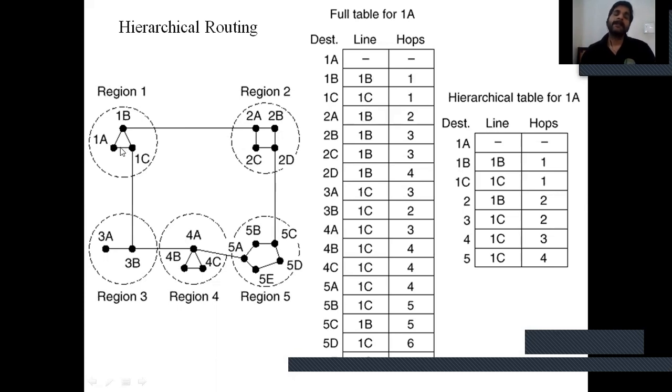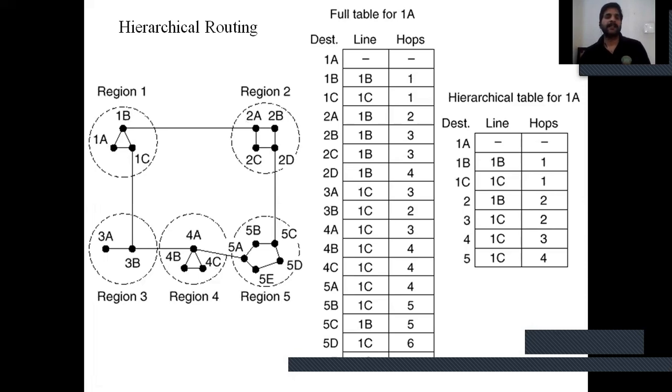Next, suppose we travel from 1A to 2A. Several paths are possible. Suppose 1A to 1B, follow the line B and send the packet to destination 2A. Another path is 1A to 1C, 3B, and another is 1A to 1C, 1B, and 2A. Three paths are possible.